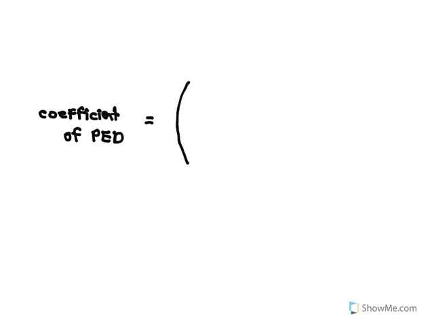So up here, on the top we're going to do our quantities. So it's going to be Q2 minus Q1 over Q1. So the new quantity minus the old quantity divided by the old quantity.